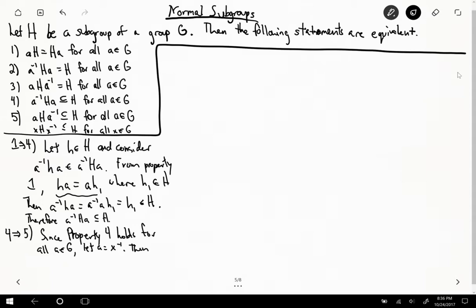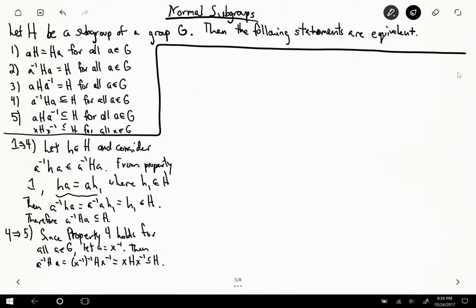Then we have A inverse H A, which in this case is X inverse H X inverse, which is the same thing. X inverse inverse is just X, so X H X inverse, and that's contained in H, right?